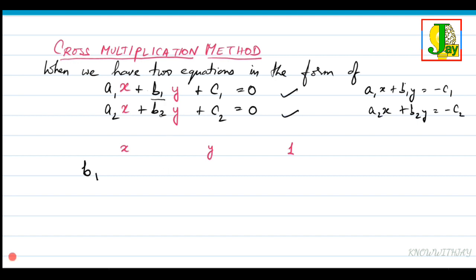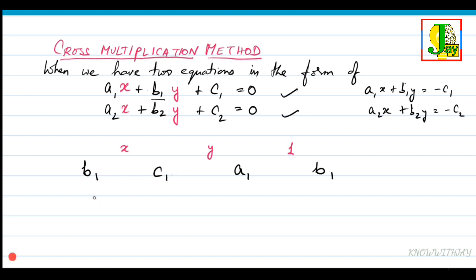Just follow that pattern, b1 c1 a1 b1. So b c a b, that's the pattern.